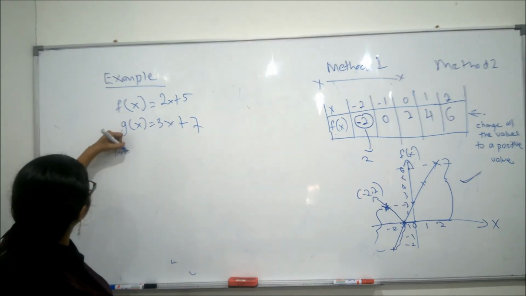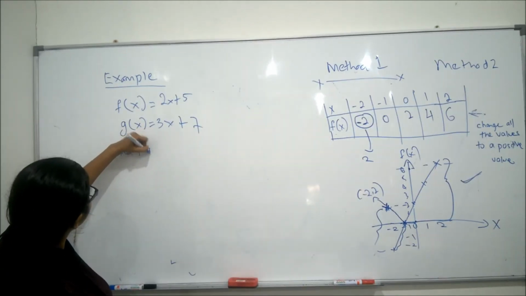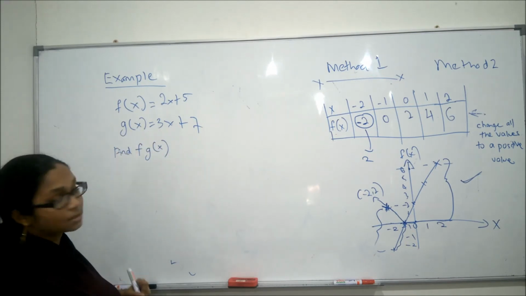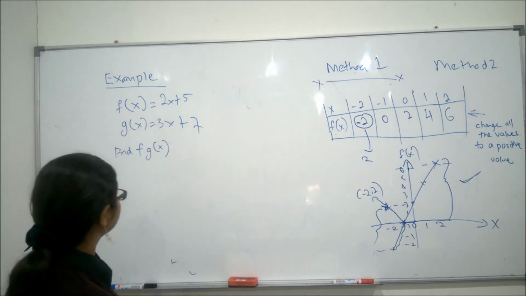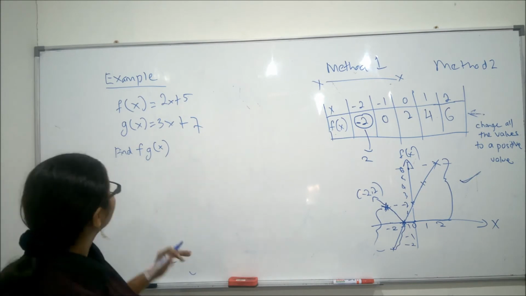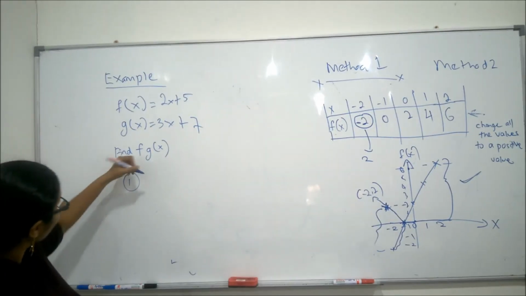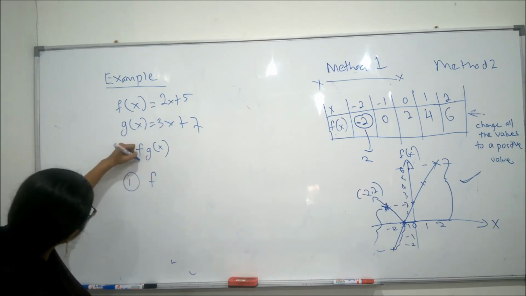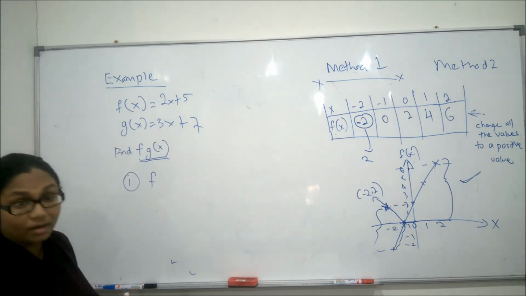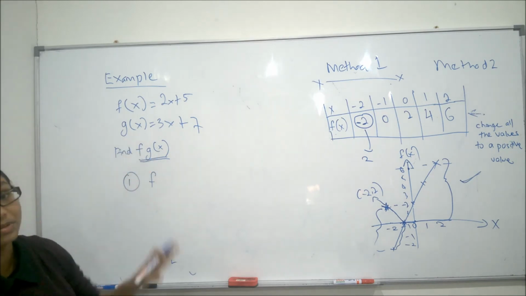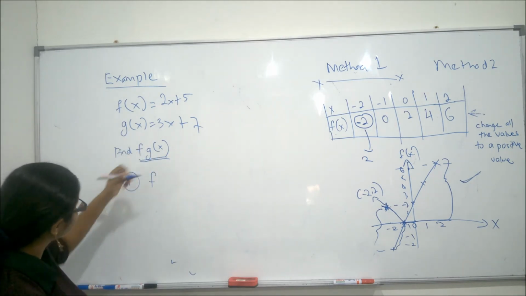Find fgx. How do you do this? Okay, very easy. The first step is, can you see that there are two functions combined in one? This is called a composite function, combination function.